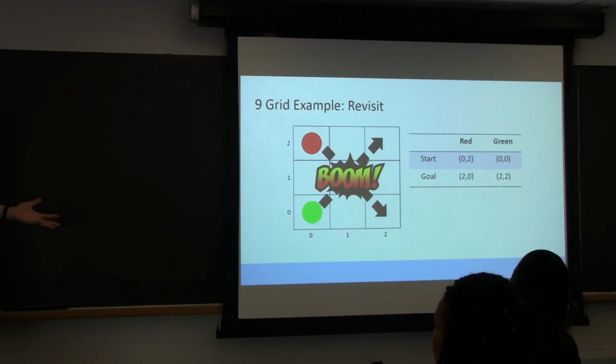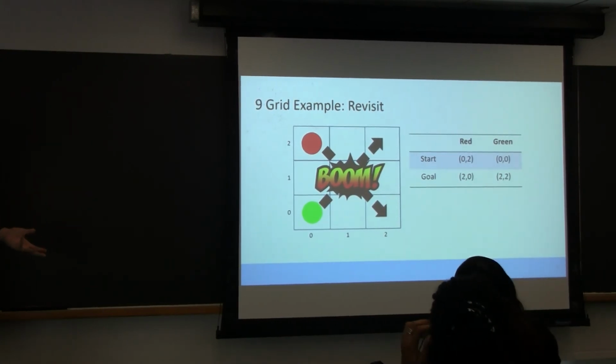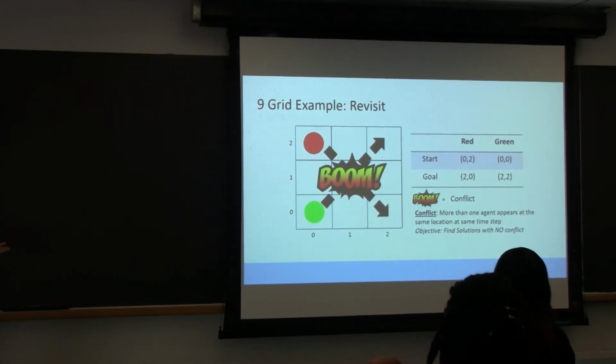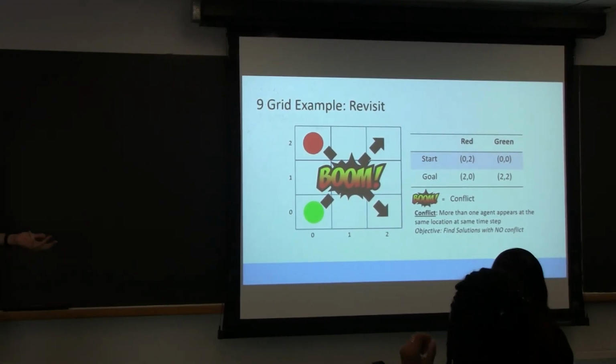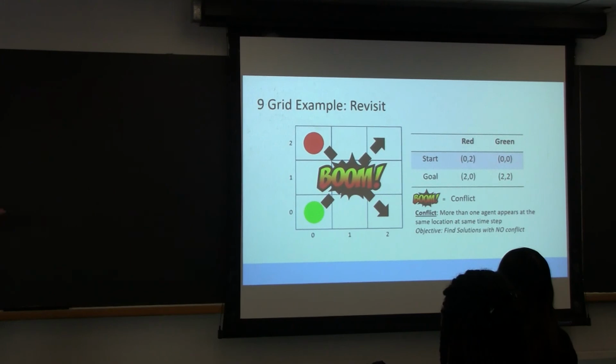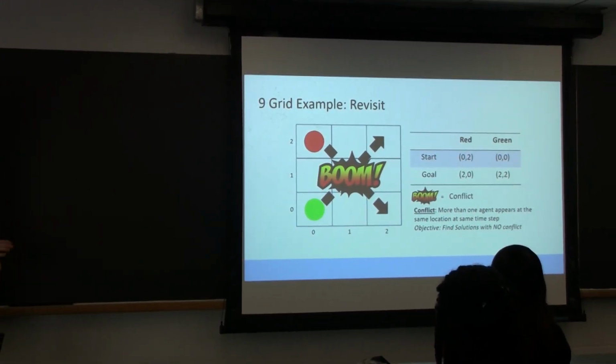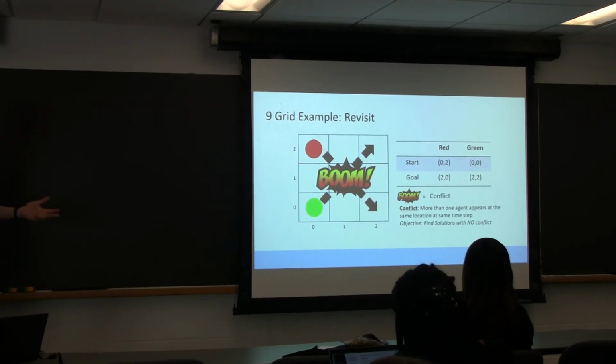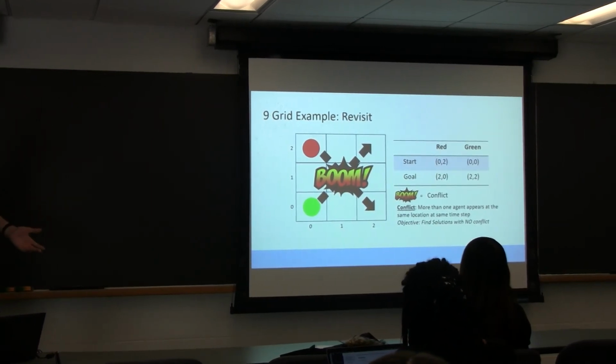You can see if they go straight, then there's a collision, there's a boom. We define boom as a conflict. The formal definition of conflict is if more than one agent appears at the same location at the same time, we don't allow that. So our objective is to find a solution with no conflict at all.